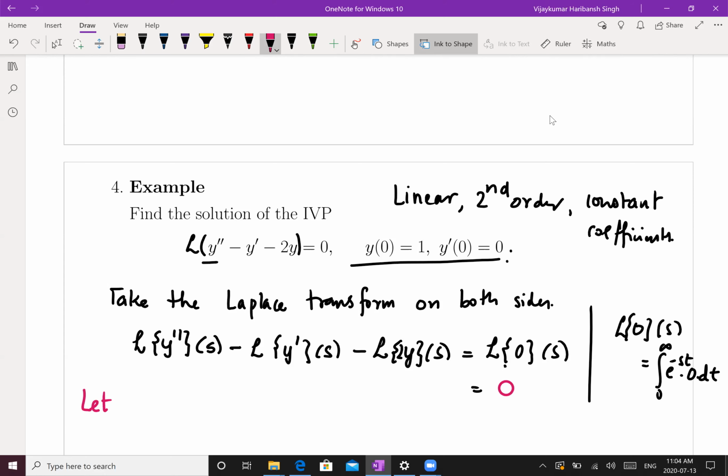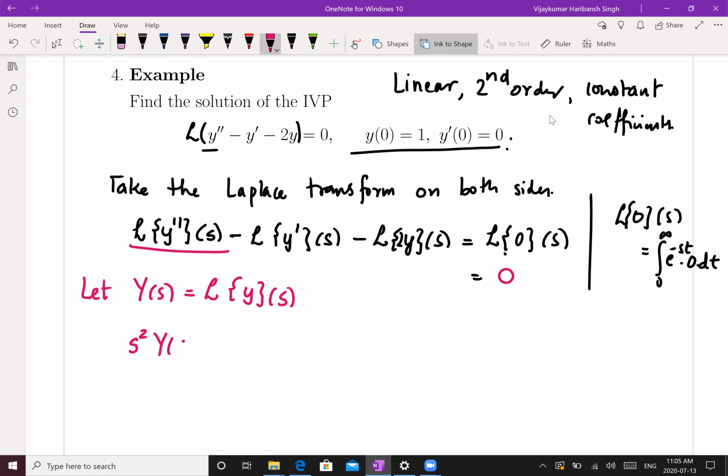So what is the Laplace transform of the derivative? If we go back here, we have s squared. The Laplace transform of the second derivative is s squared L of f of t evaluated at s minus s f of 0 minus f prime of 0. So this is going to be s squared Y of s minus s y of 0 minus y prime 0. So this is the first part.